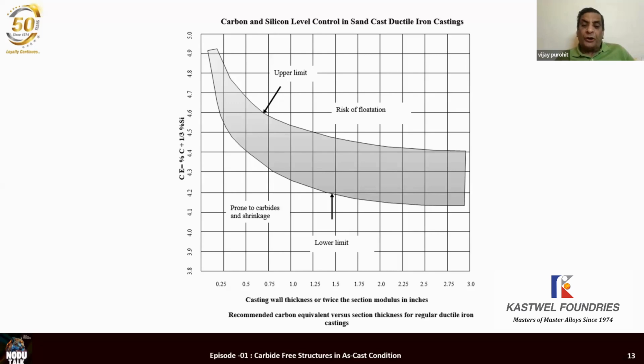Wherever the sections are joining, you will always find shrinkage defect. Now that shrinkage defect is because the sand over there gets the heat from two sides of the section. It could be I section, it could be a Z section, it could be a T junction, it could be an L junction, whatever it is.